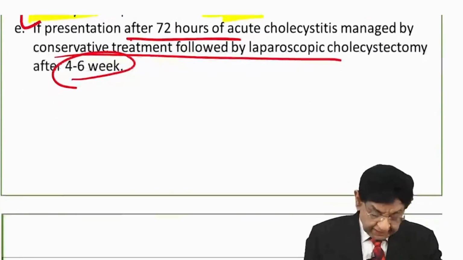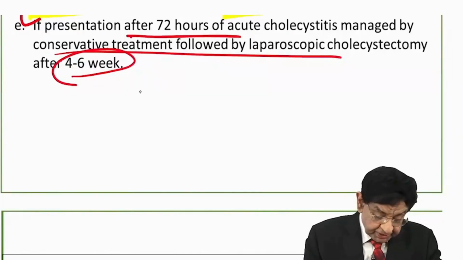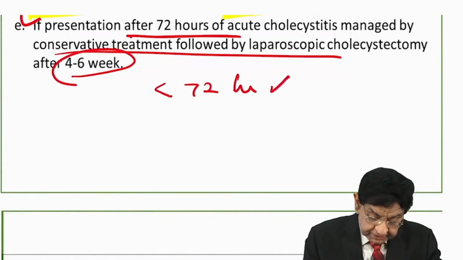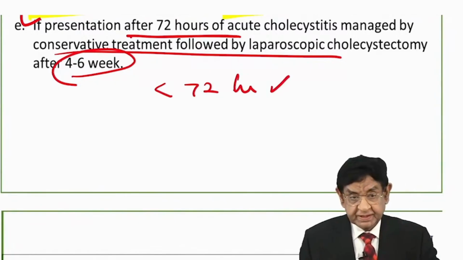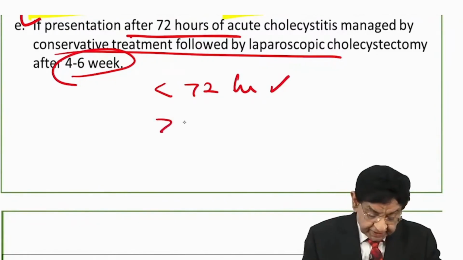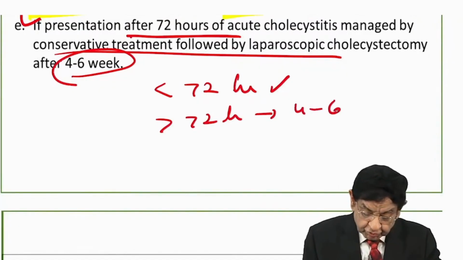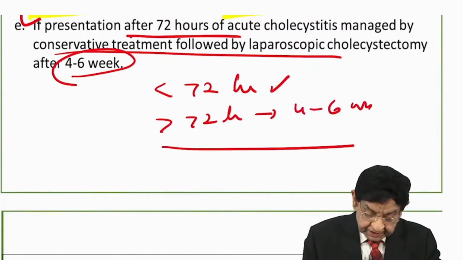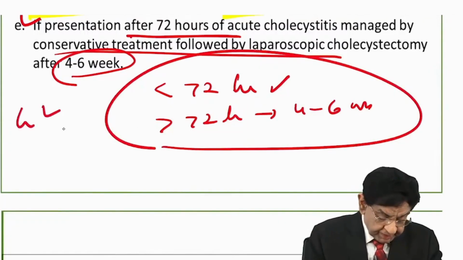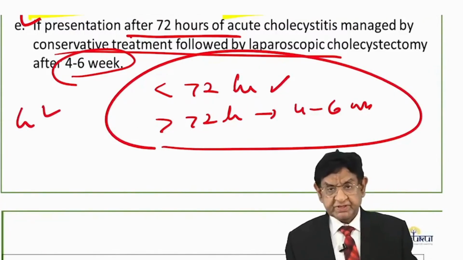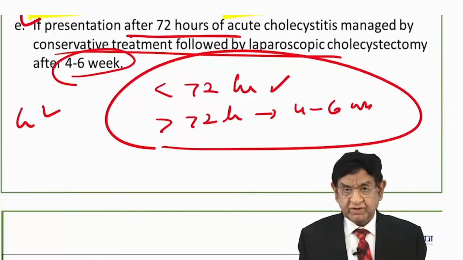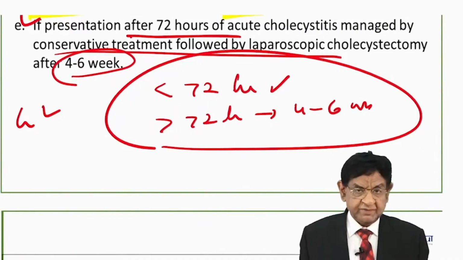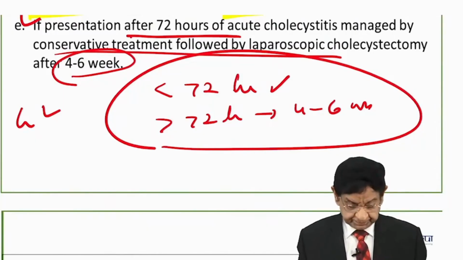So the golden line to remember: within 72 hours, do it immediately. But if the patient comes after 72 hours, then you do it 4 to 6 weeks later. Surgery within the first 72 hours; after 72 hours, give antibiotics and do surgery after 4 to 6 weeks.